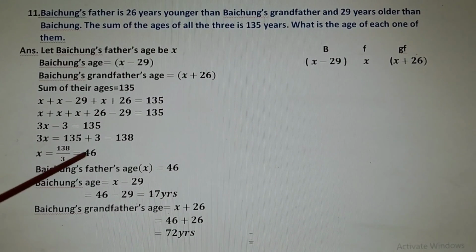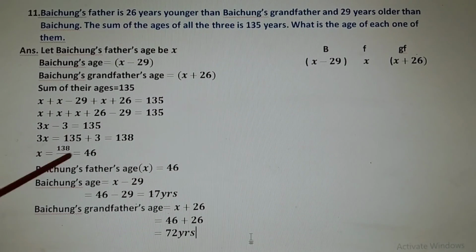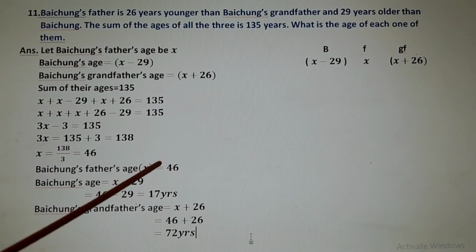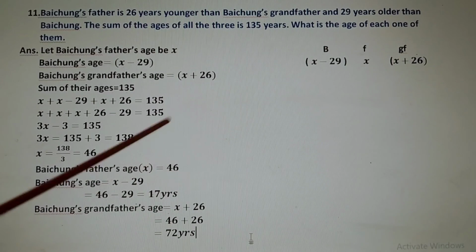Then we have to find out all the 3 persons' ages. That is Baichung's father's age, Baichung's age and Baichung's grandfather's age. Baichung's father's age we have taken as x. x is equal to 46. Baichung's age is equal to x minus 29. Substitute the value of x here. Value of x is 46. 46 minus 29 is equal to 17.